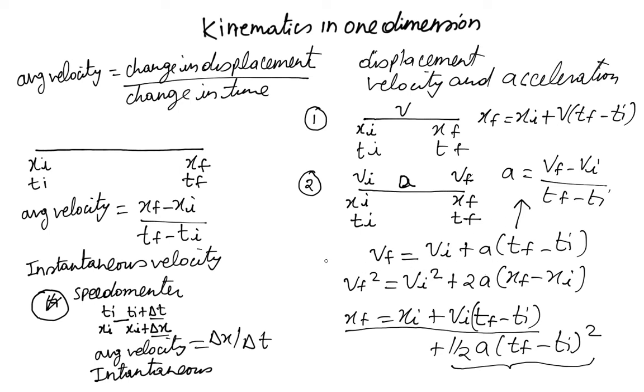In a way, the only important ones are this one and this one, because you can reduce the third one to this particular one.